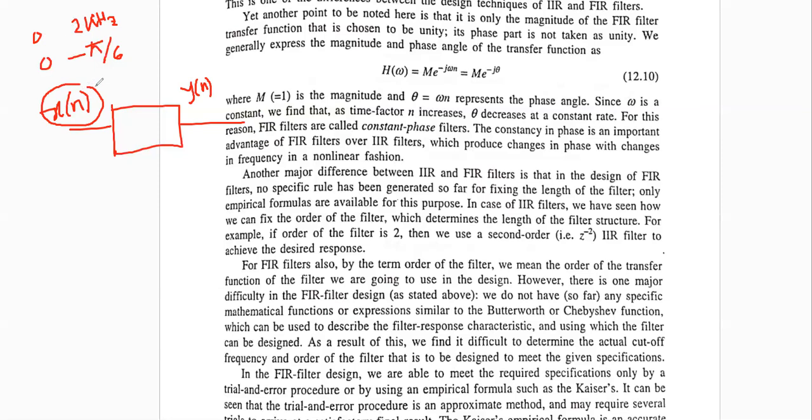Now all the frequency components will not reach at the same time to produce the y[n]. So let's say for 0 hertz, it makes a delay of n samples. For 2 kilohertz, it makes a delay of samples like n plus 20, for example.